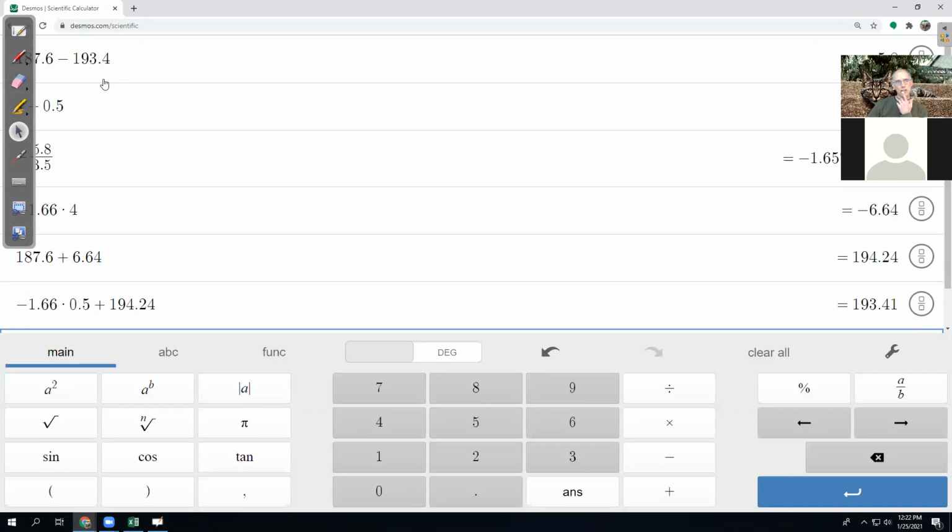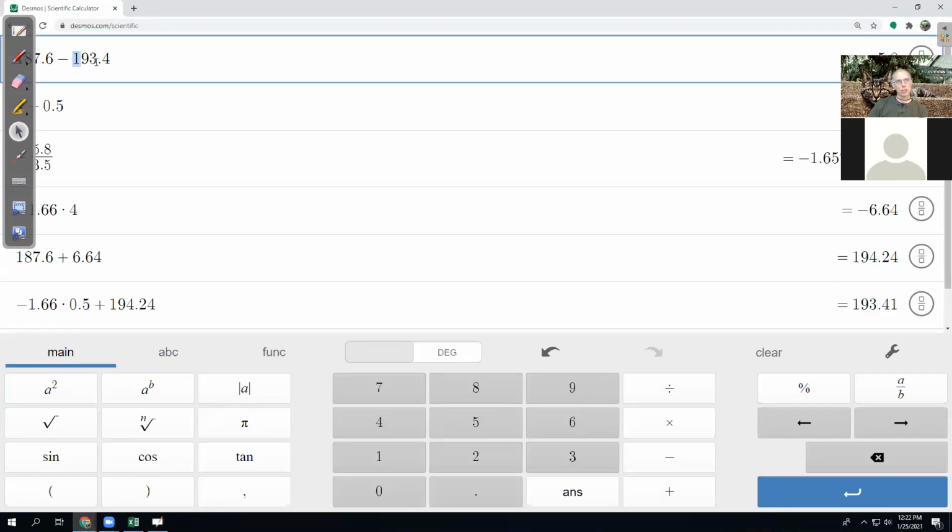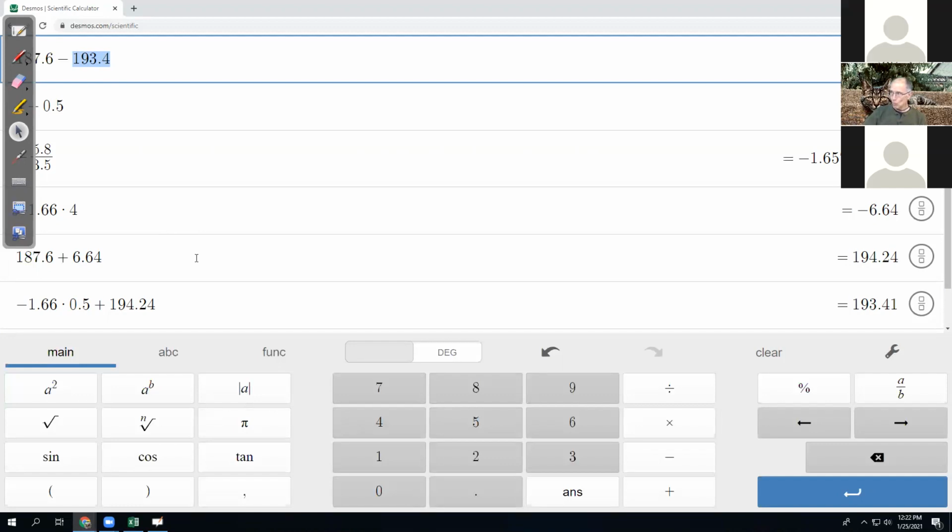How come I didn't get exactly 193.4 like the problem gave me? I'm close. 193.41 versus the original 193.4. Any thoughts? Is it because we rounded?